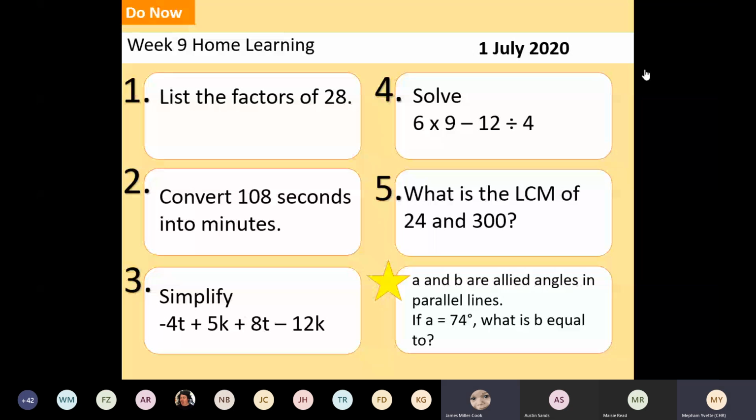So you now have 20 seconds left, so finish off the question that you are doing, and within these 20 seconds, we'll be going through the answers.